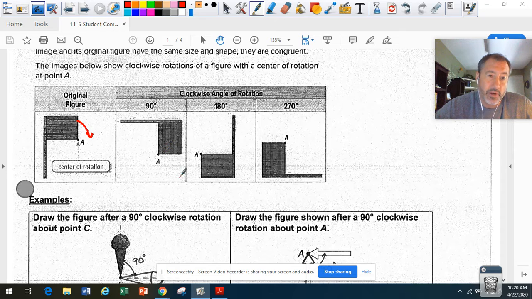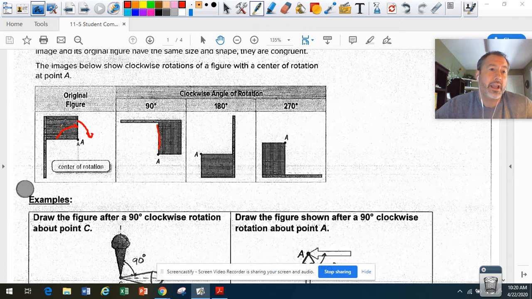And as you see, that's what happened here. Now, the A looks like it's in a different location. It is. They just slid it down so we have enough room in here. But as you can see, we rotated this down 90 degrees. So guess what happened to this side? It rotated up 90 degrees. You can see that side right there. So you can see how everything changed 90 degrees.